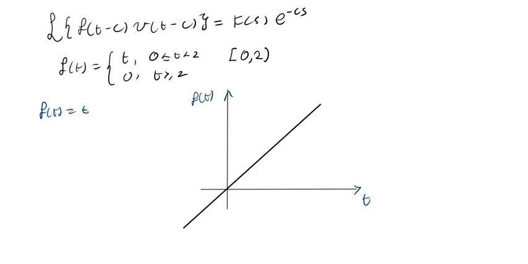The interval that has been given is starting from 0 all the way to 2. So let's say this is our 2, meaning the endpoint would be somewhere here.